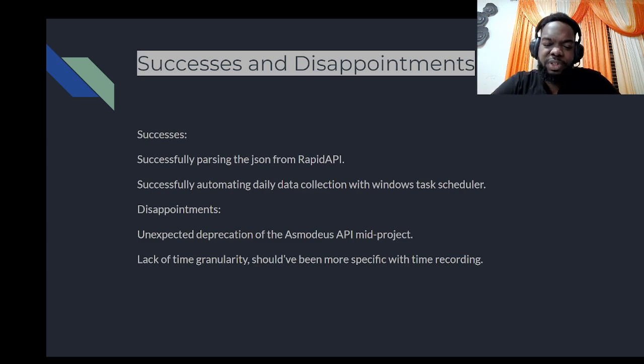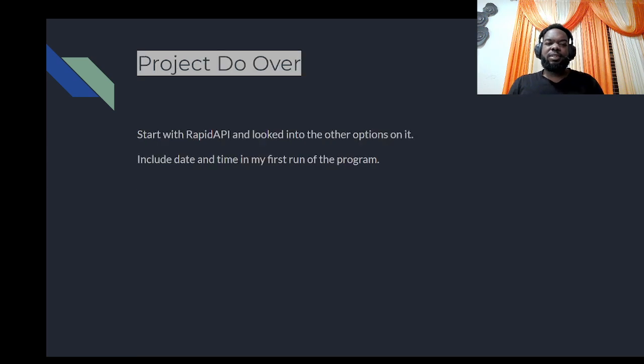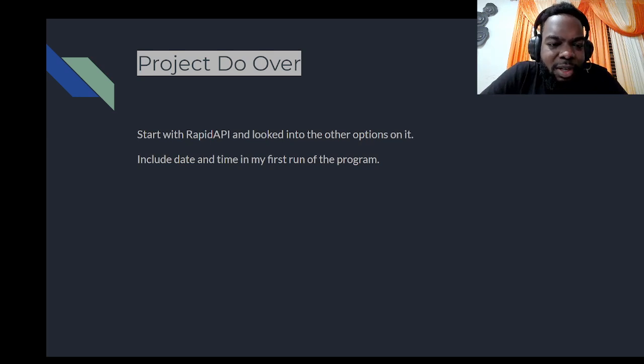The very first entry into the two-table relational database was just with date and not with specific hour and minutes. That was a mistake. I corrected it later on, but yes, that was a disappointment.